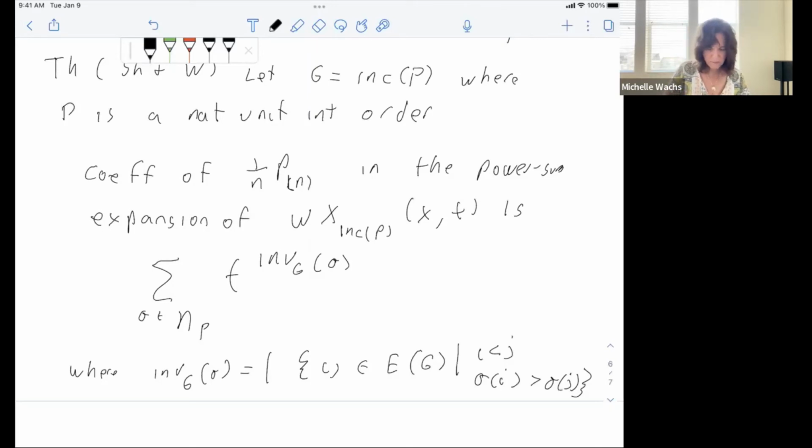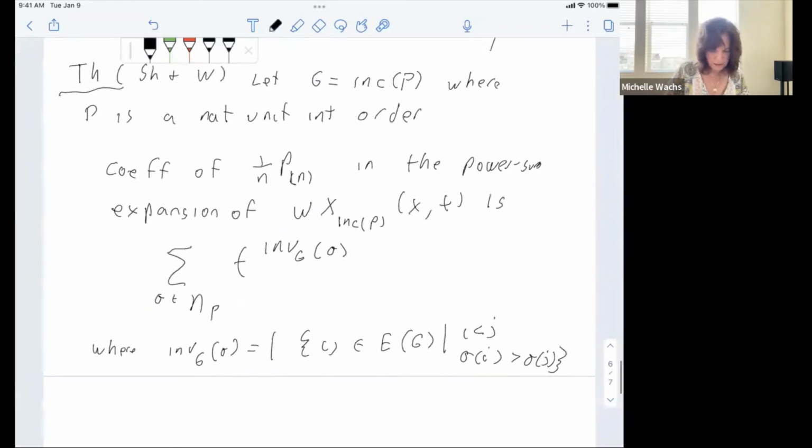And this actually can be simplified to something else, but I want to write it in this form because this is what suggested the general formula that we have for 1 over z_lambda, P_lambda.